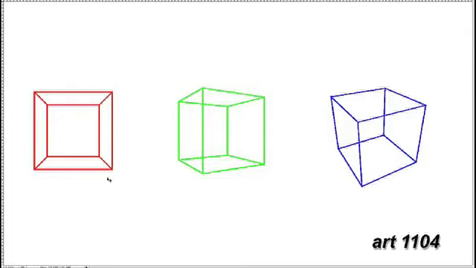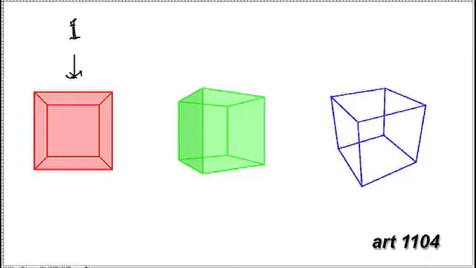So in this case, a cube again. And in 1-point perspective, that's shown here, we're looking essentially head-on at one of the major faces of the geometry.